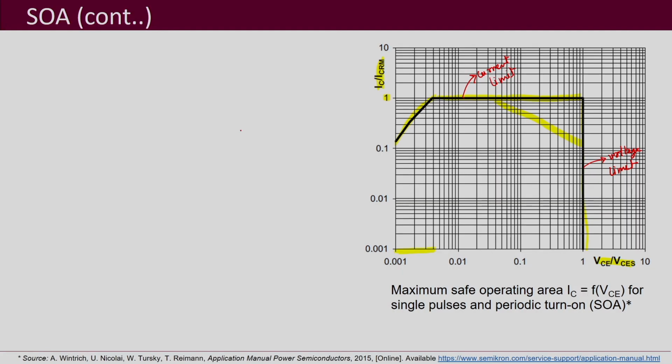So your power dissipation is your voltage VCE multiplied by this current IC, PD, your VCE into your IC. There is a limit on how much this maximum can be, so depending on that you can get this line. That is contributed by your maximum PD.